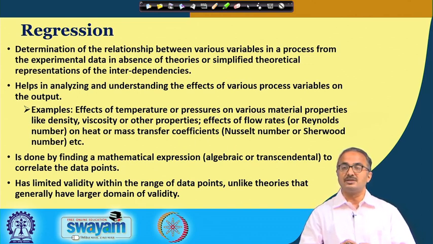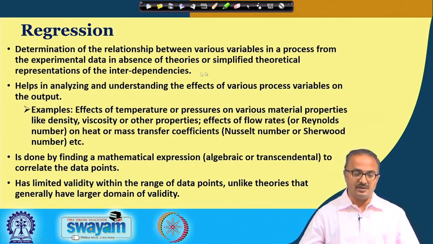In those cases we try to figure out what are the primary variables of our concern in a given analysis, and from those values of the variables we adopt some simplified way of correlating these variables, and that is what we do with regression.